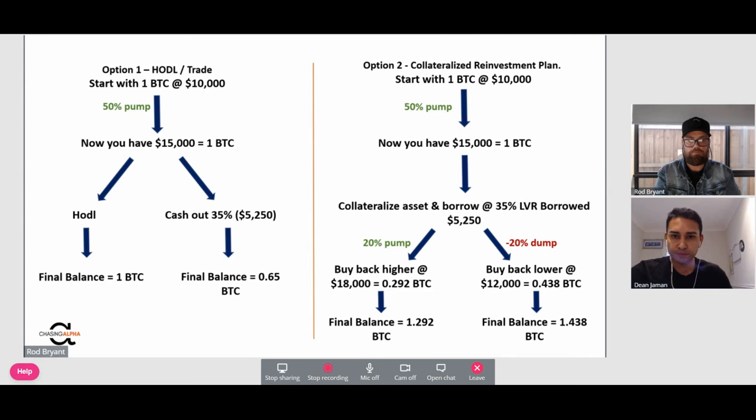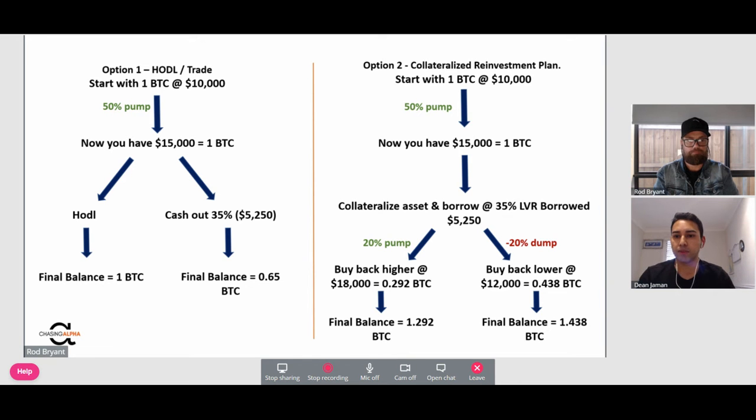Whereas option two is the collateralized reinvestment plan. Let me slow it down a bit. Start with one BTC at 10K, and it pumps to 15,000. Say you collateralize that one BTC and borrow 35%, so you have 5,250 to reallocate to any investment.